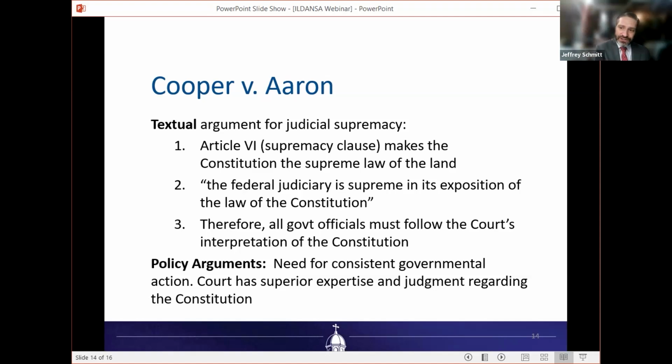We don't want Arkansas to do one thing and Virginia to do something different, right? And since we need somebody to create uniformity, it should be the court, not the president. We can trust the court more on matters of law, and that they're going to have a better decision. It's going to be more reasoned. It makes more sense than to have a political actor do it.